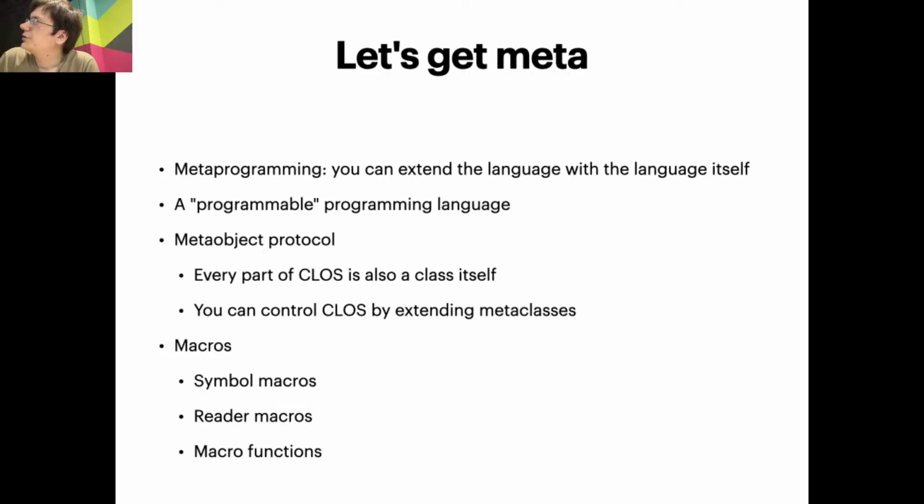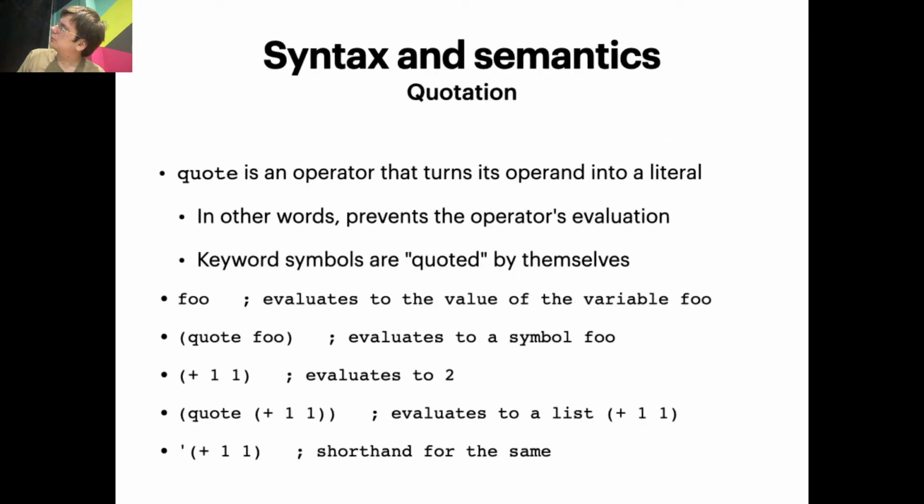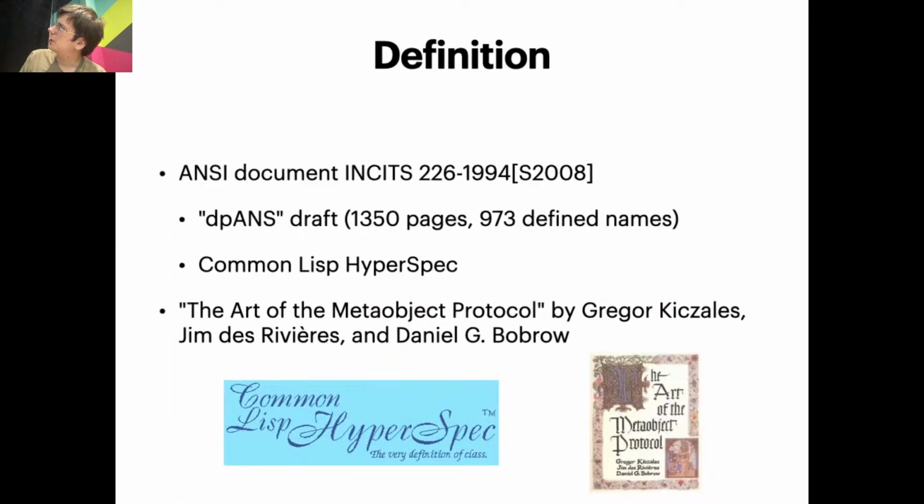There are two main ways in which it is expressed. First there is the Meta Object Protocol, which I think originally appeared in Smalltalk, but it wasn't really formulated as its own thing until Common Lisp, with this book, The Art of the Metaobject Protocol, by the people from Xerox PARC.